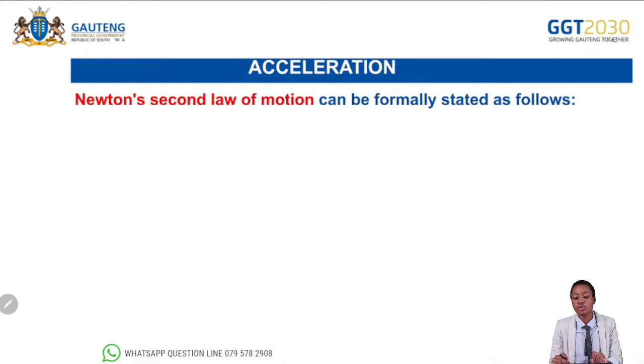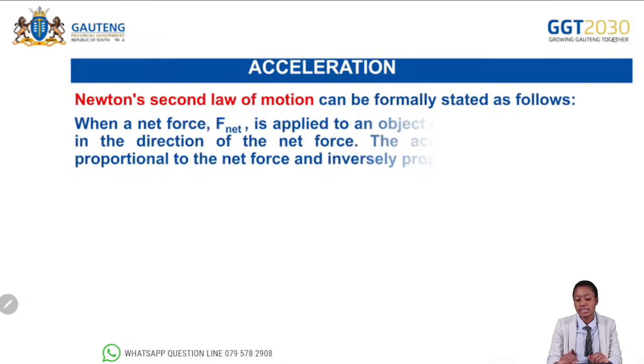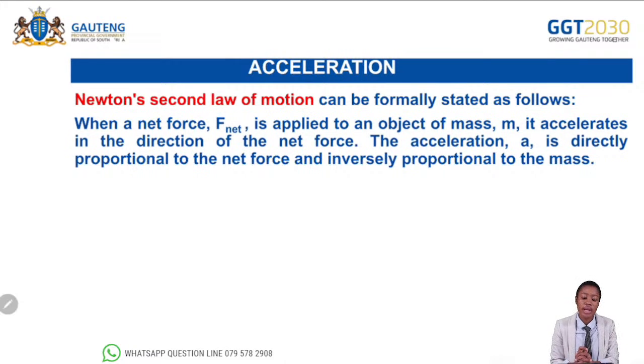Newton's second law of motion can be formally stated as follows. When a net force, F net, is applied to an object of mass m, it accelerates in the direction of the net force. The acceleration is directly proportional to the net force and inversely proportional to the mass.